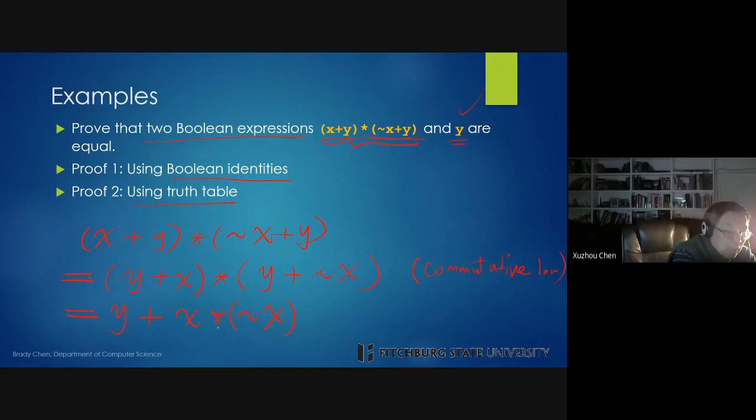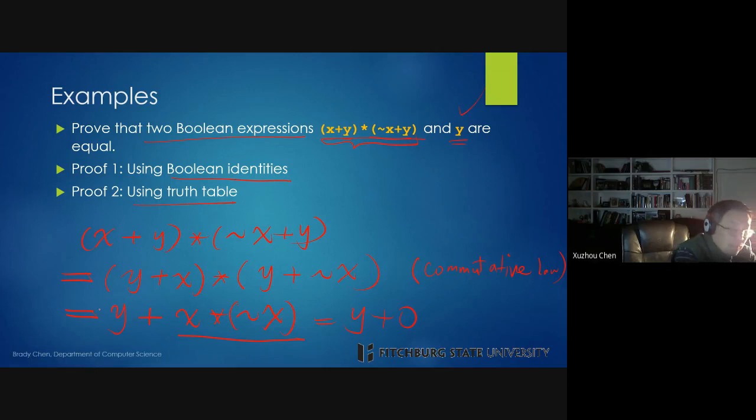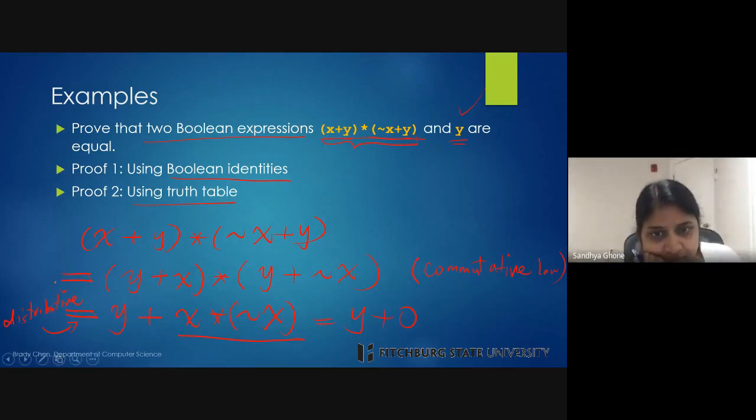Now x and the negation of x always gives you 0. So that's the distributive law, then the identity law, and this gives you y.